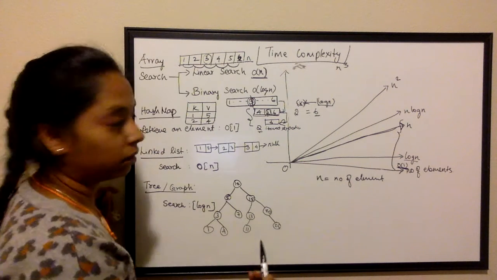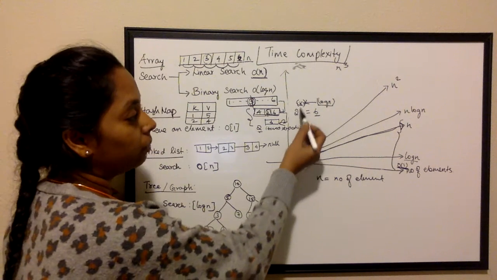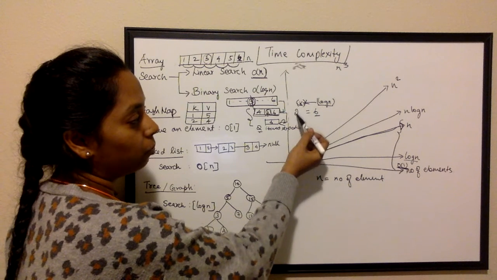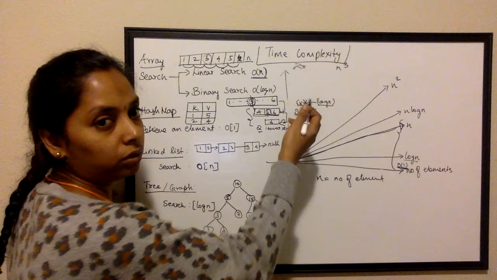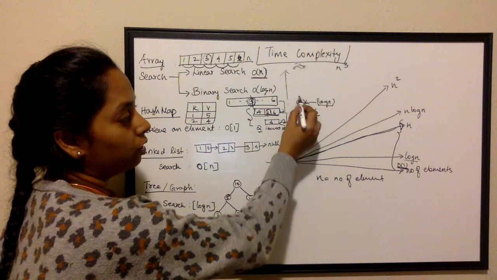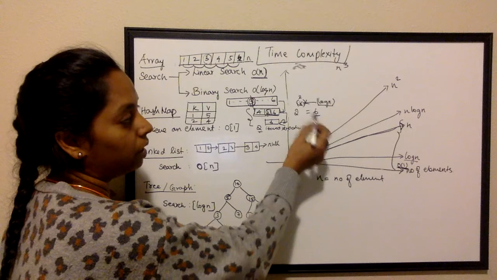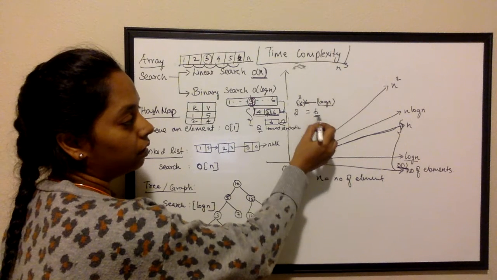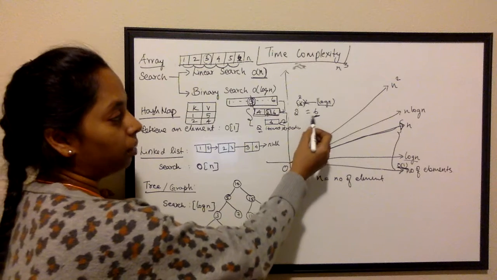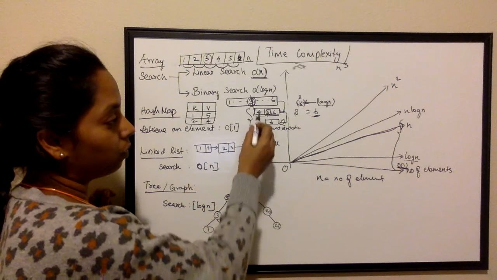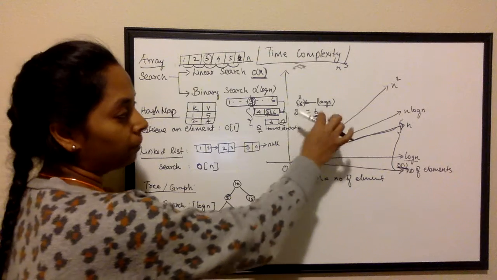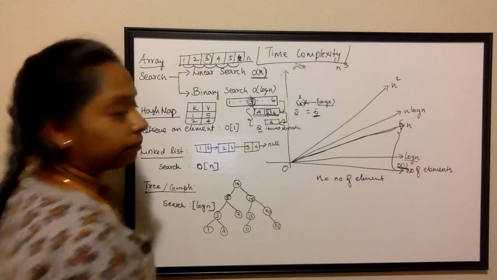What brings k to make it 6 is like 2 power 2, right? It is not 3, because 3 means 8. So it is approximately near 4. We are not talking about the exact number, it is approximate. Within 2 operations, we are able to find the element, which constitutes log n.